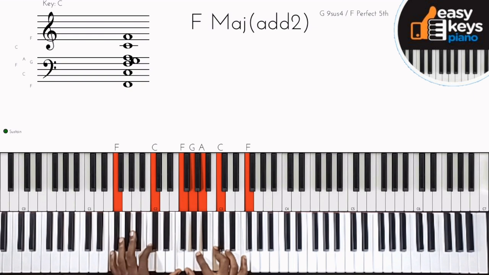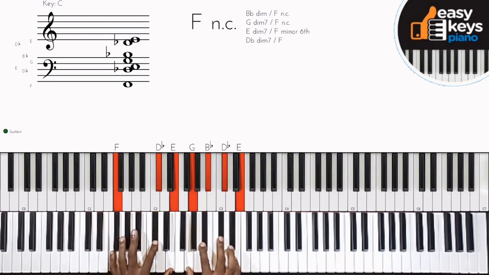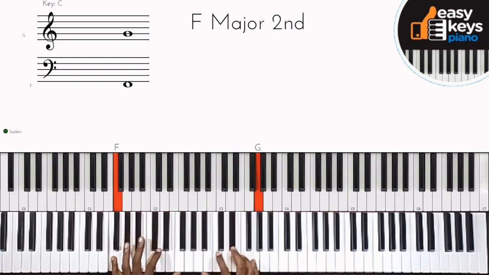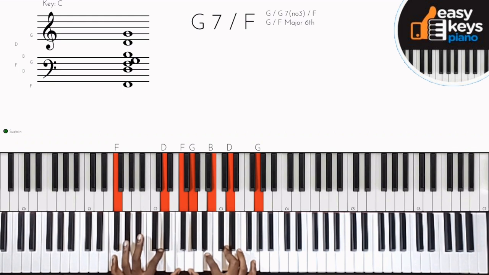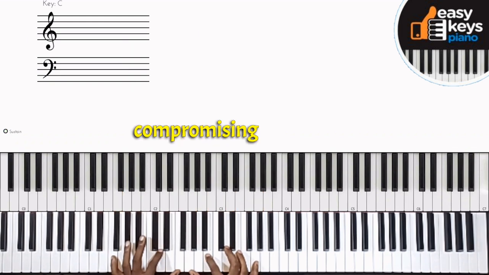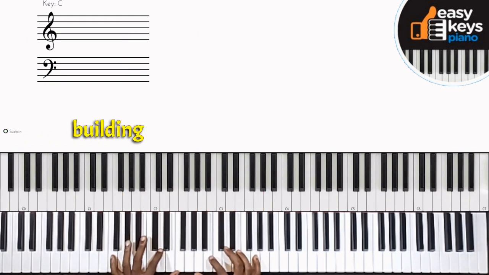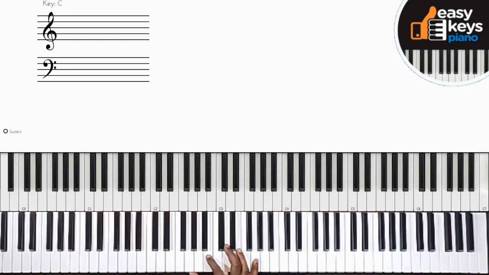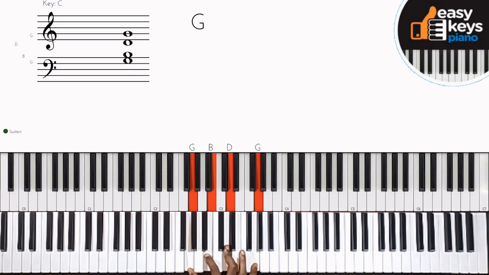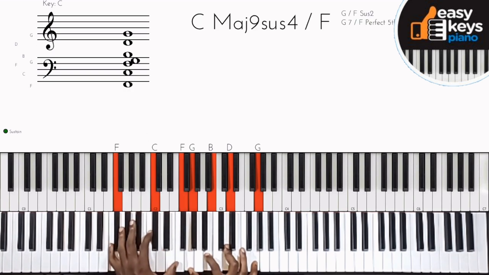The first chord is a 9th. See that? Over the 1. I did my 2 over my 1. You see, I'm not compromising the melody, but I'm building my chords from the other degrees of the scale. Like I have my 2 chord here, and I have my 1 here.